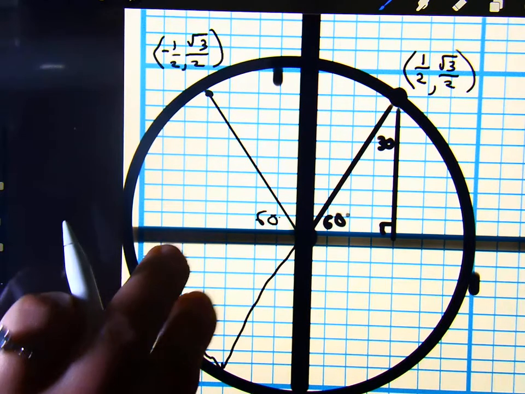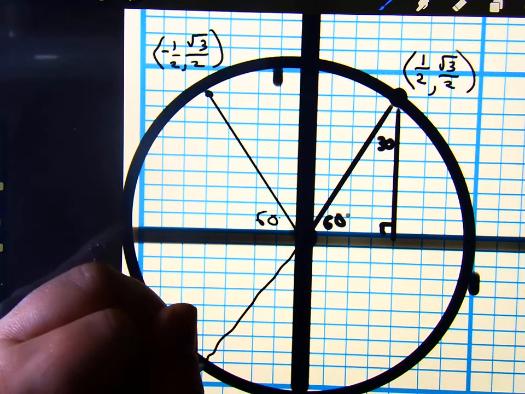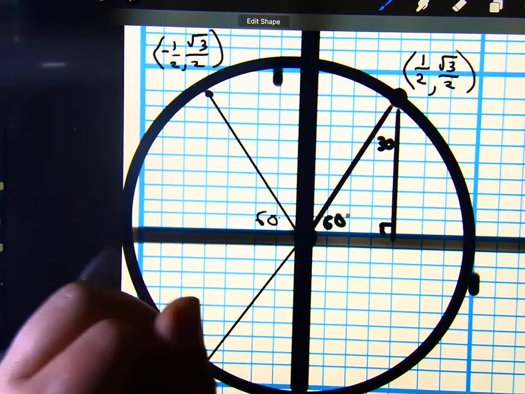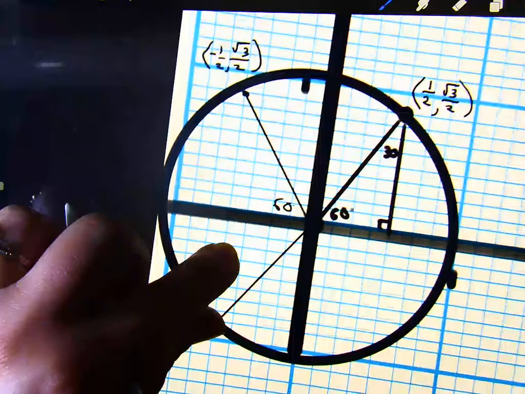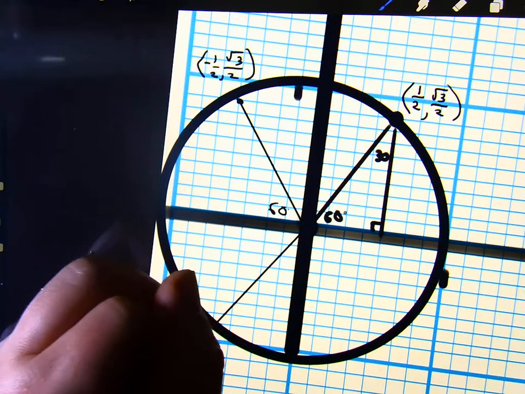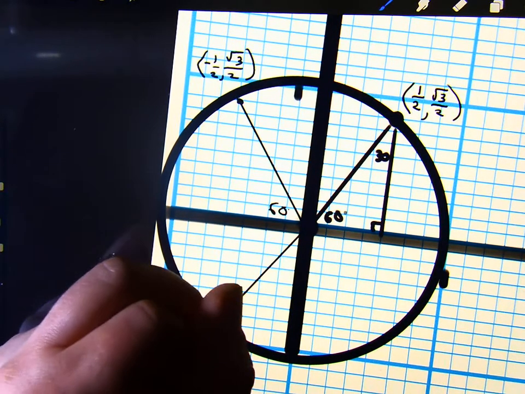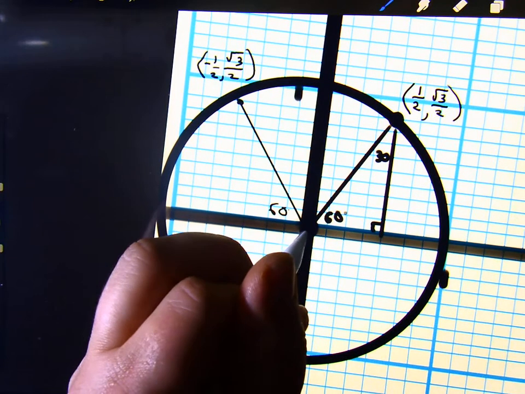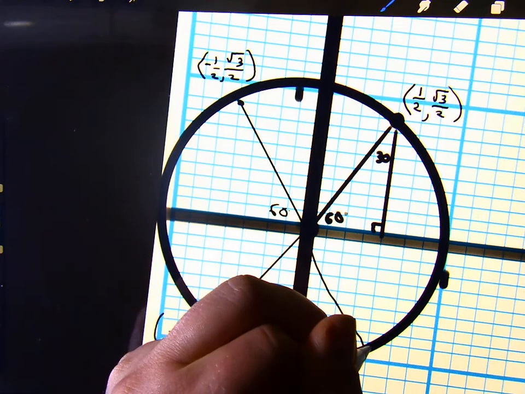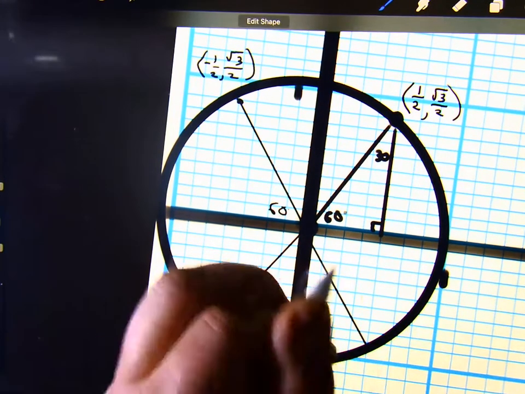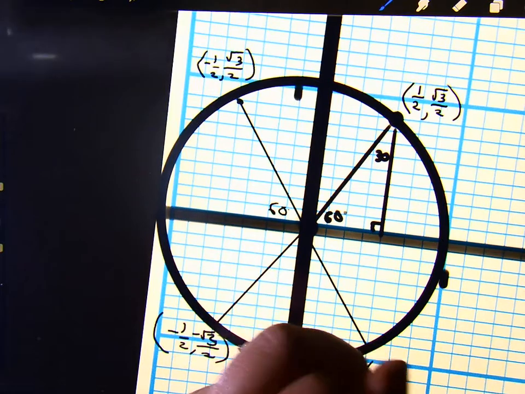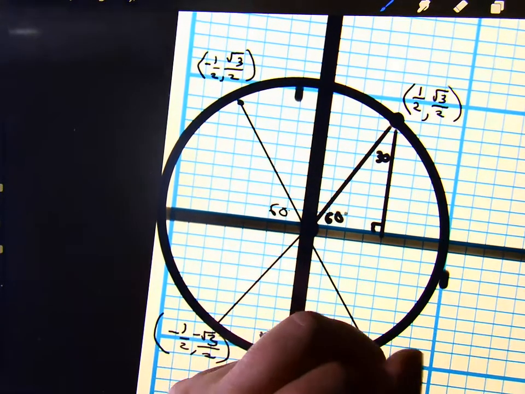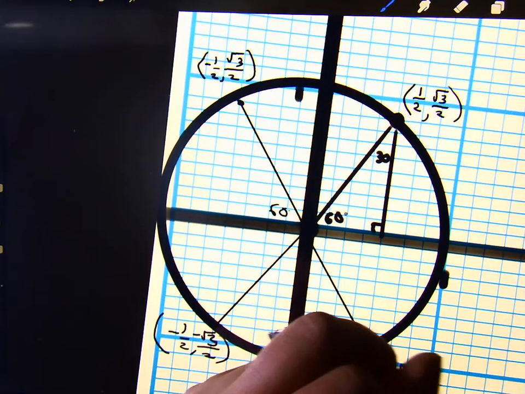Oops, that's not pleasant. Right, and so for this one here, we'd have negative 1/2 and negative radical 3 over 2. And then if we extend it this way, line's a little off, that's alright. My x is positive and my y is negative.